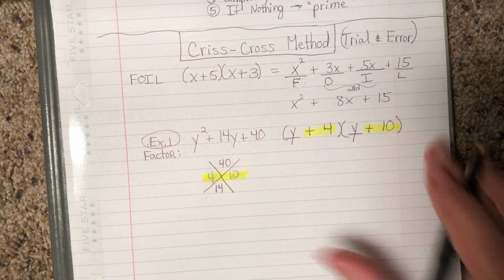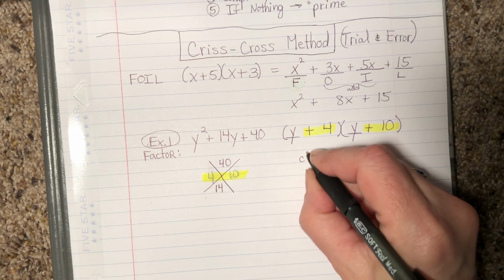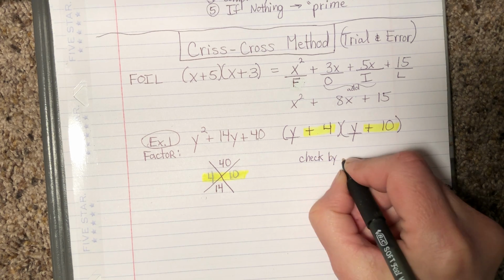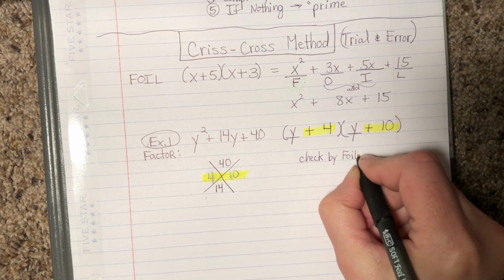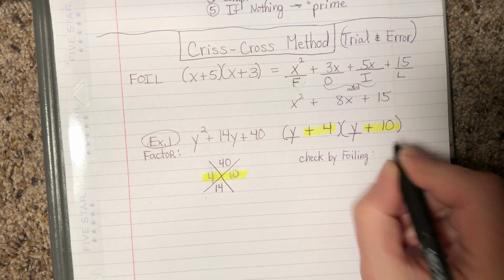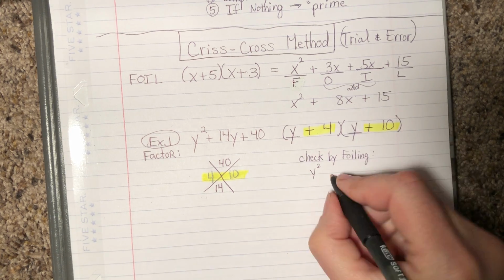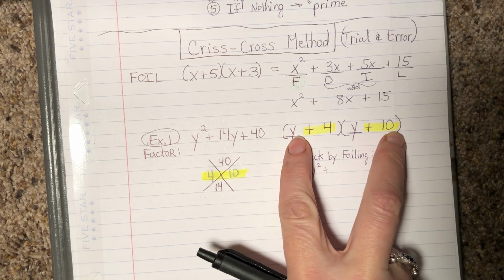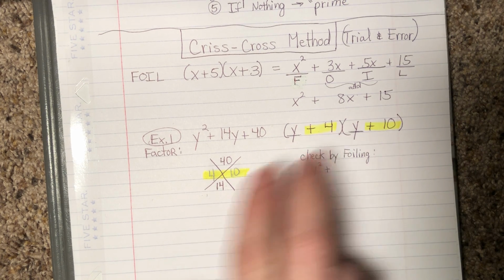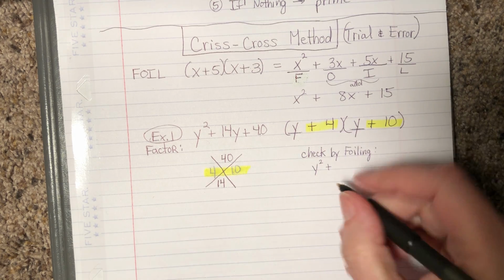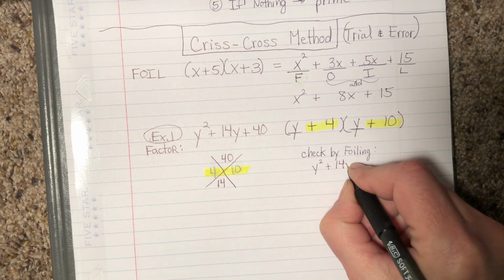Now, watch how this works. If I were to check it, check by foiling, I get y squared first plus, the outer is 10y plus 4y, right? 10y plus 4y is going to give me 14y.